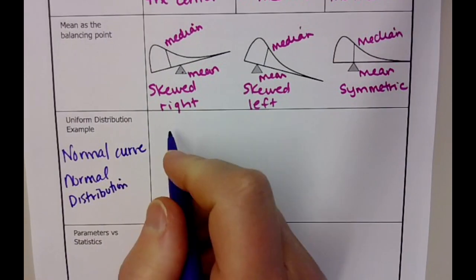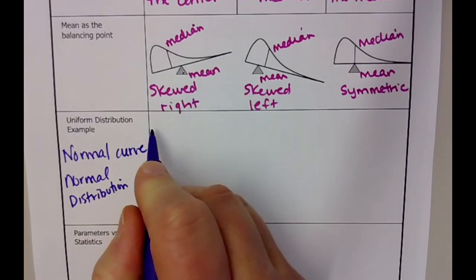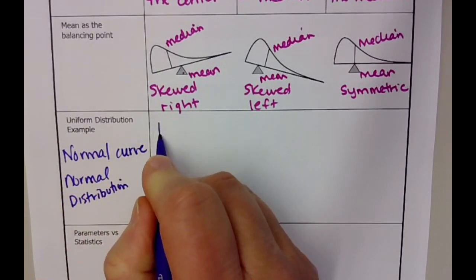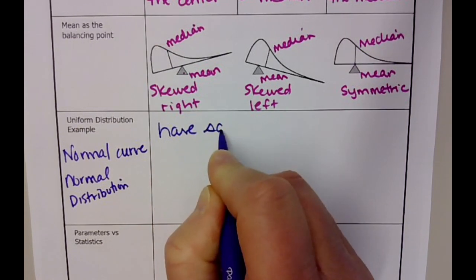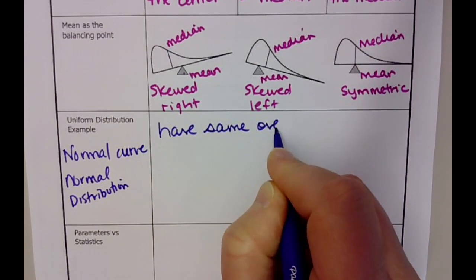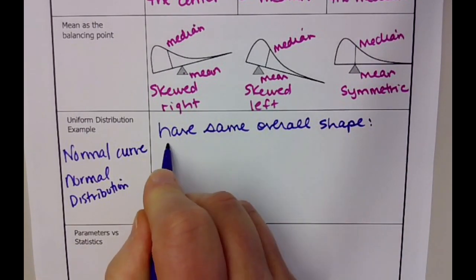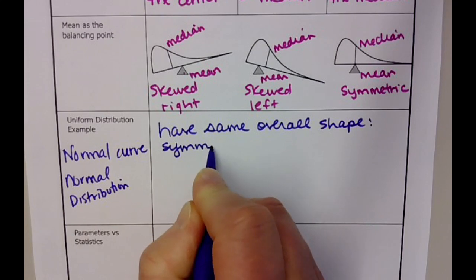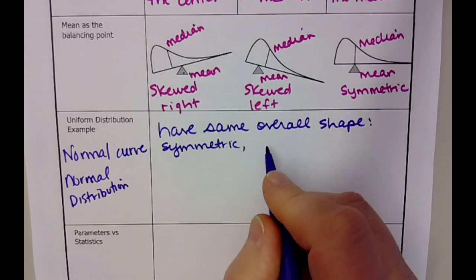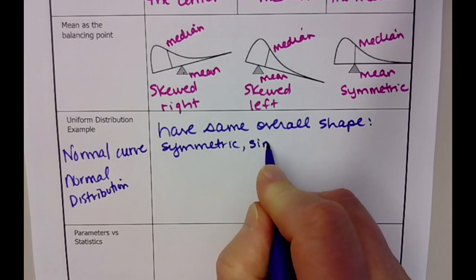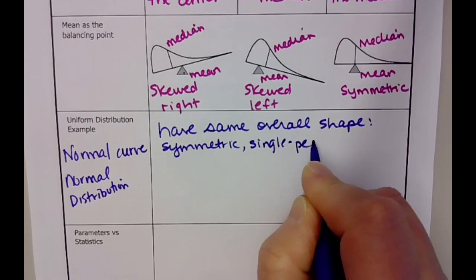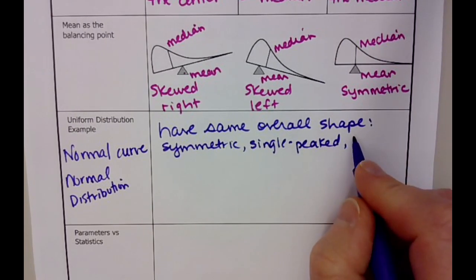They have the same overall shape. They're going to be symmetric, single peaked, and bell-shaped.